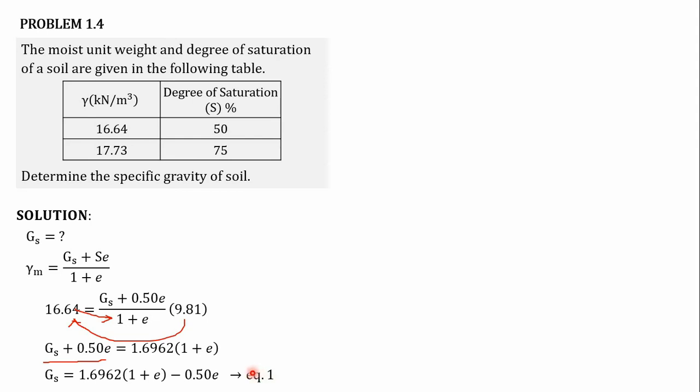So, next is to solve natin yung pangalawang equation para ma-solve natin yung GS. So, therefore, moist unit weight is equal to GS plus SE over 1 plus E times the unit weight ng water. So, therefore, 17.73, that is the moist unit weight at 75% degree of saturation, is equal to GS plus 0.75 times E over 1 plus E times 9.81. Simplify natin.